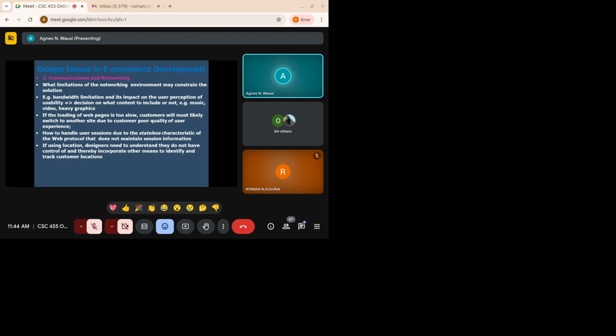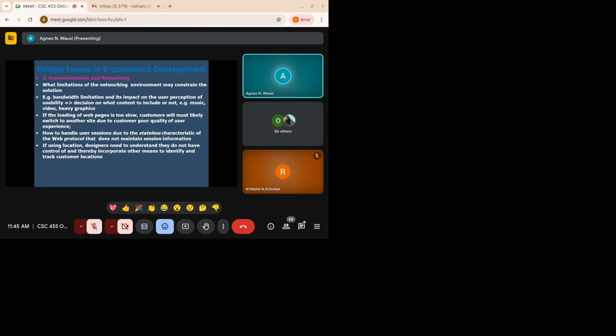And if there's going to be a bandwidth limitation, what is it that you will include and what will you not include? For example, I don't know how many of you, sometimes when you load a page, you start hearing background music playing. I don't like it because I did not ask for the music, or the adverts.